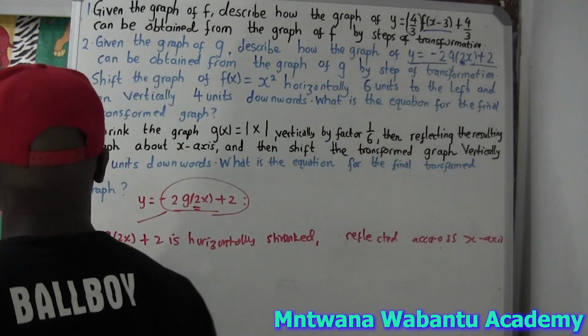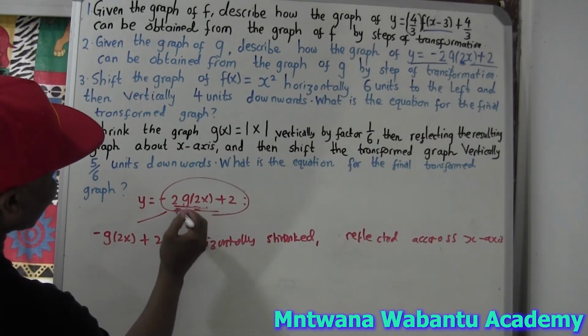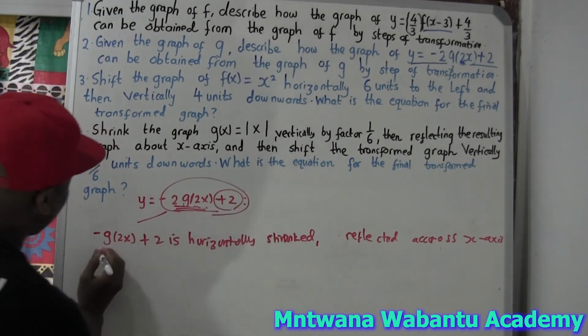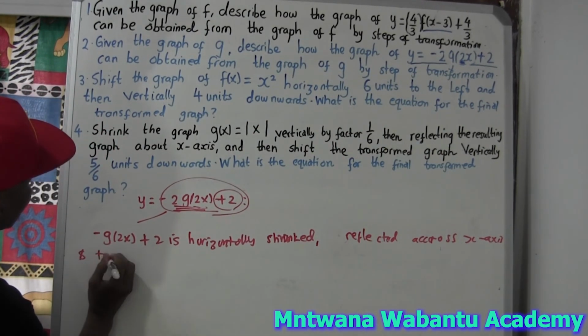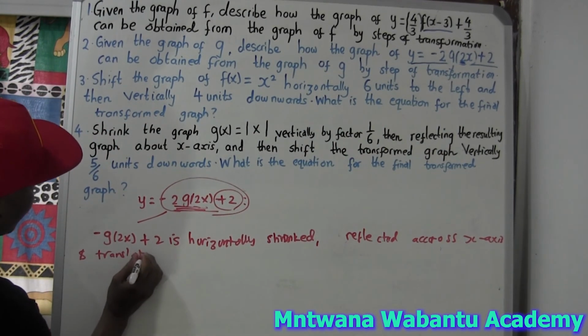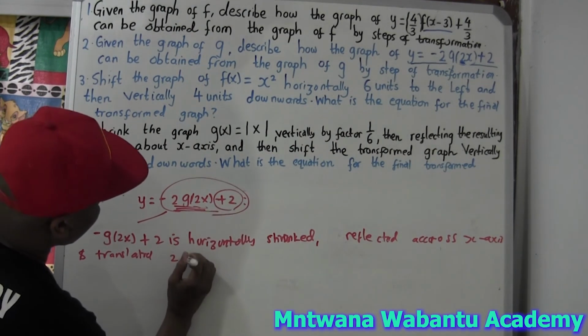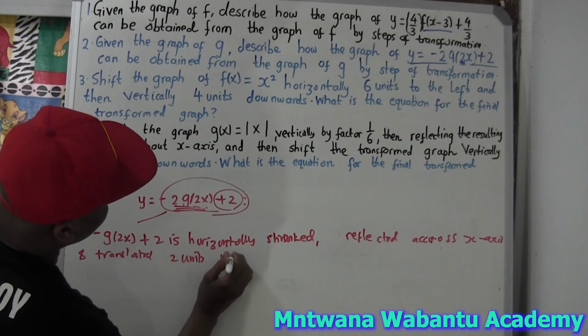And then after reflected across the x-axis, what happened? It was translated, 2 units upward.